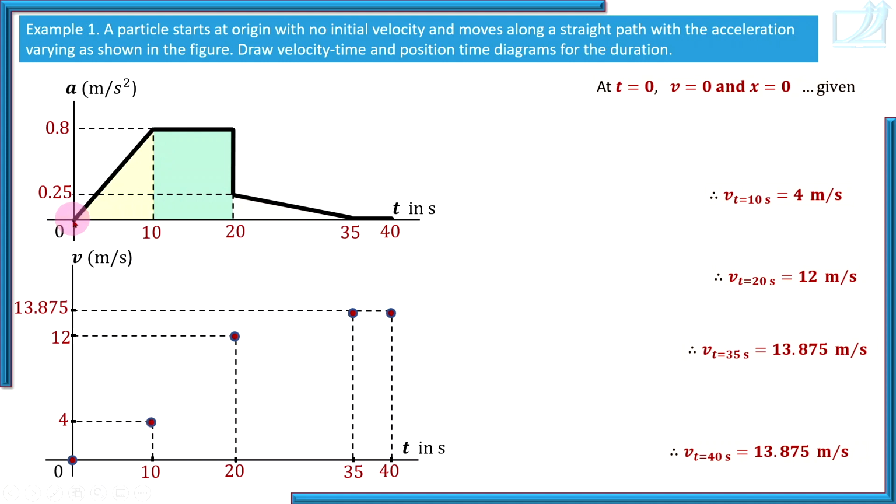Here acceleration is 0. That means here slope of VT diagram is 0. Now 0 slope means horizontal line, of course. So when you start drawing VT diagram at the origin, it should be a horizontal line. Initially it should start as a horizontal line.